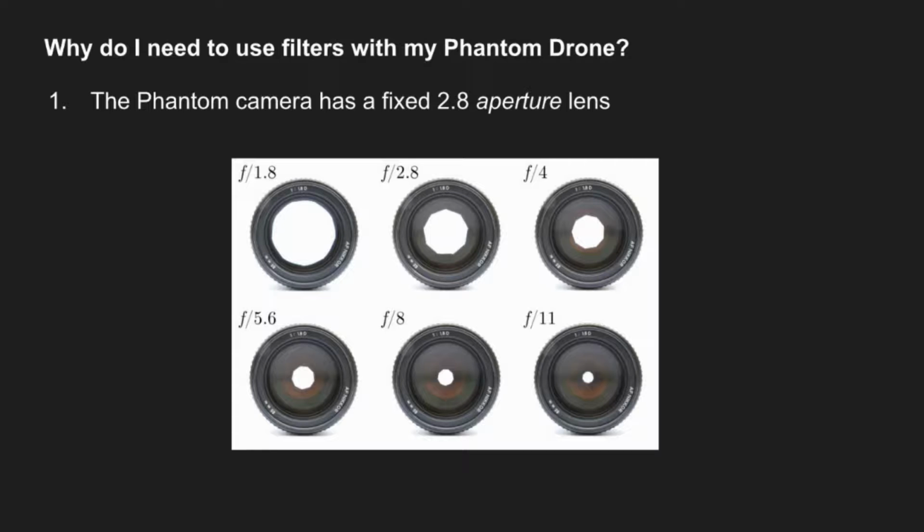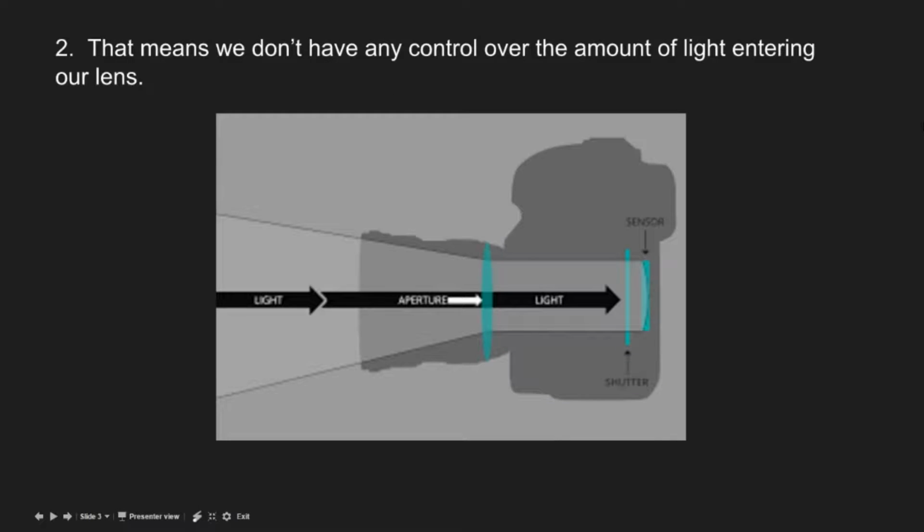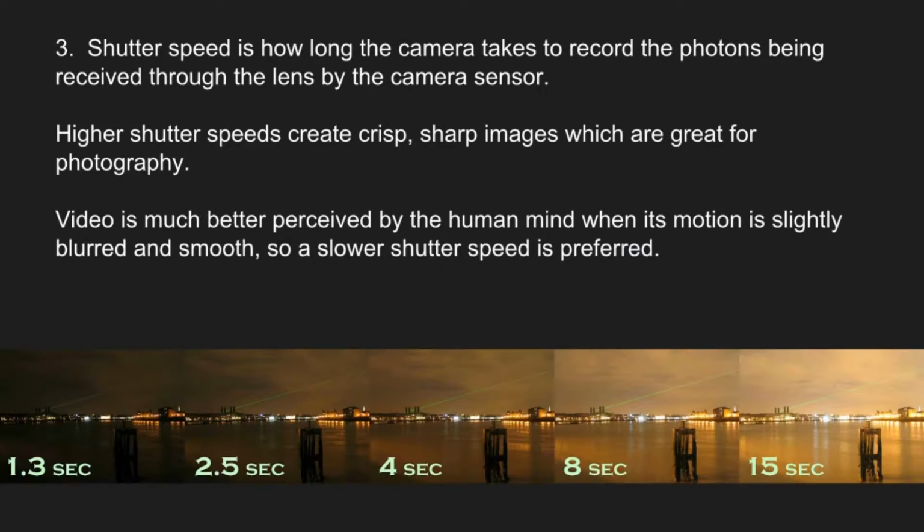What that means is we don't have any means of control over the numbers of photons that are passing through the lens and being captured on the sensor. So because we don't have any control over that, we have to do a couple of things maybe to improve the quality of our media product.